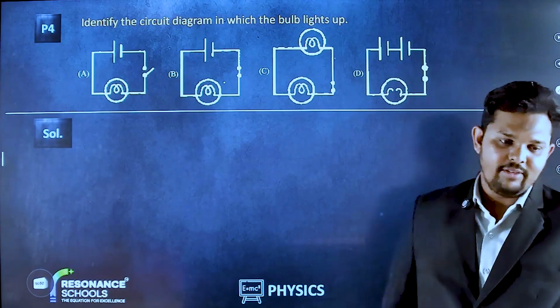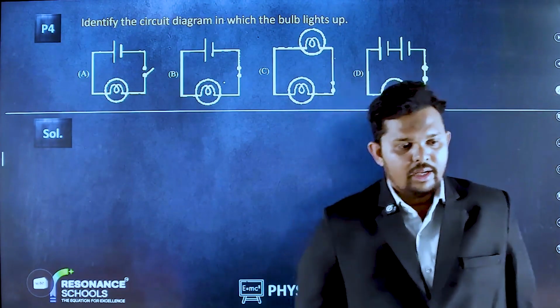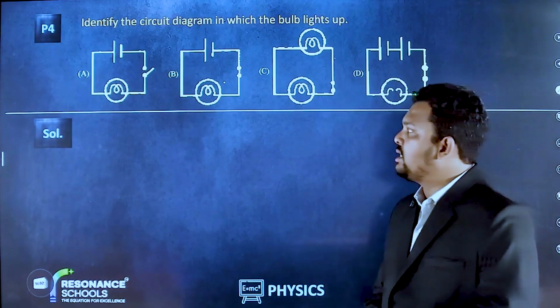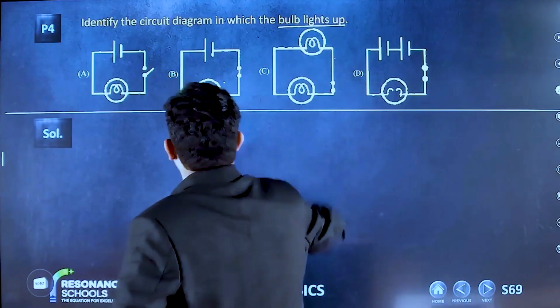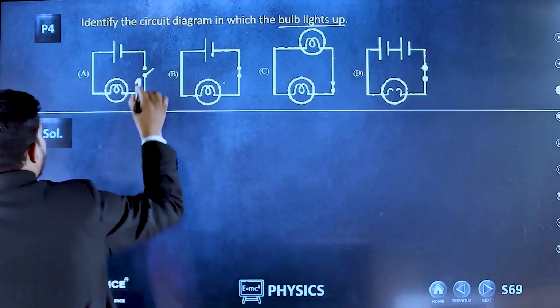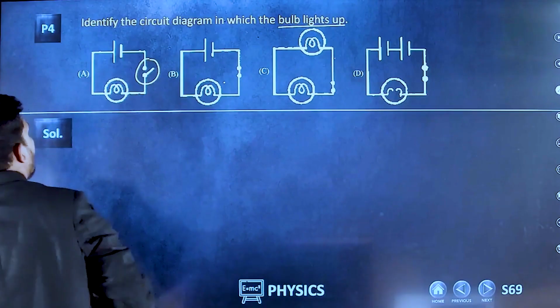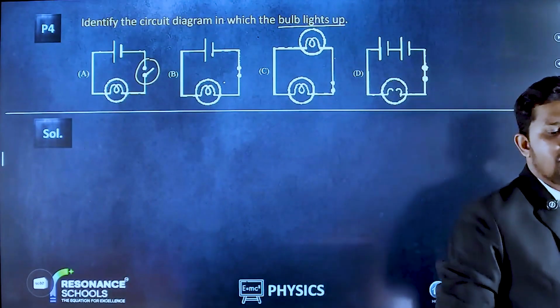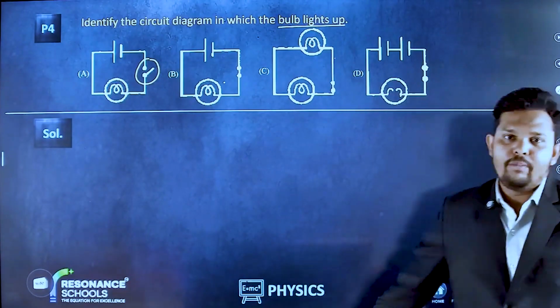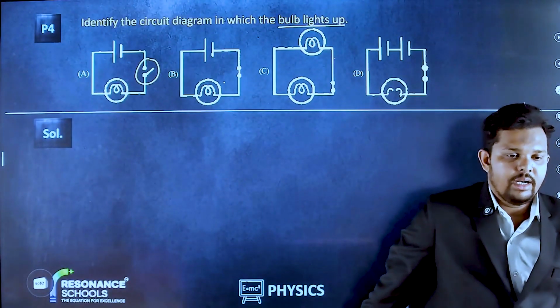Right, let's see the reason for it. Identify the circuit diagram in which the bulb lights up. See, in this case, is this an open circuit or closed circuit? Let me know. Let's see how many students can answer.